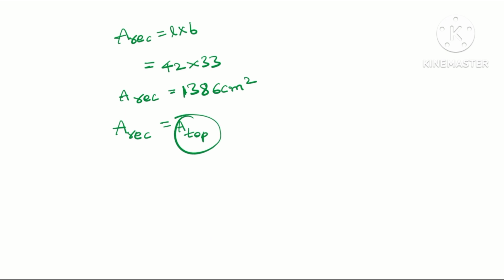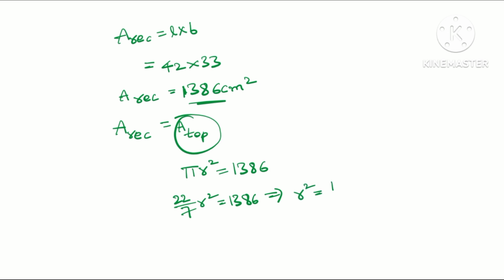Area of top surface of a cylinder is pi r square equals 1386. Pi is 22 by 7 into r square equals 1386. So r square equals 1386 into 7 by 22.